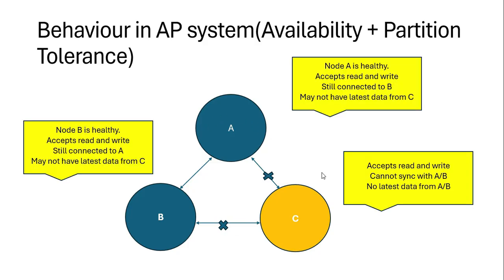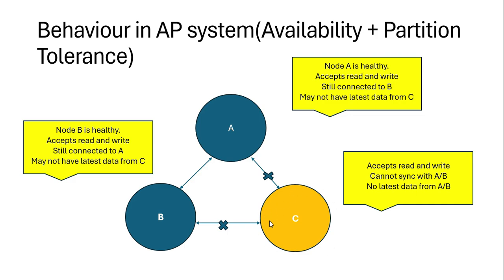In this scenario, you can see that nodes A and B are both healthy, and in fact all three are able to accept reads and writes. A is still connected to B, and B is also still connected to C. But the problem here is that C has gotten out of sync.